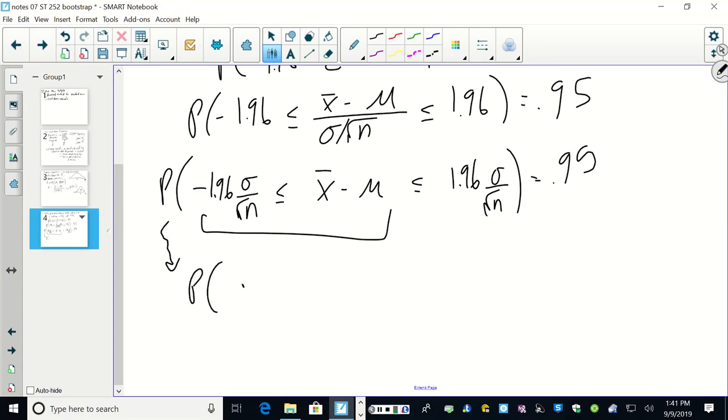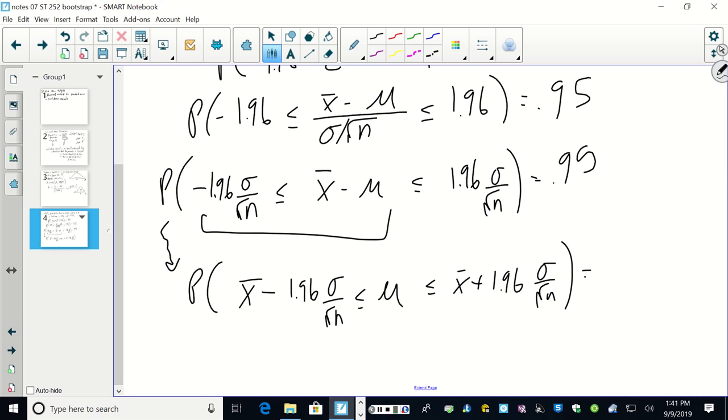We can get x bar minus 1.96 sigma over the square root of n is less than or equal to mu. If we add mu to this side and then subtract this from both sides, we get that equation. And if we operate on the other side, we get x bar plus 1.96 sigma over the square root of n. The probability hasn't changed.